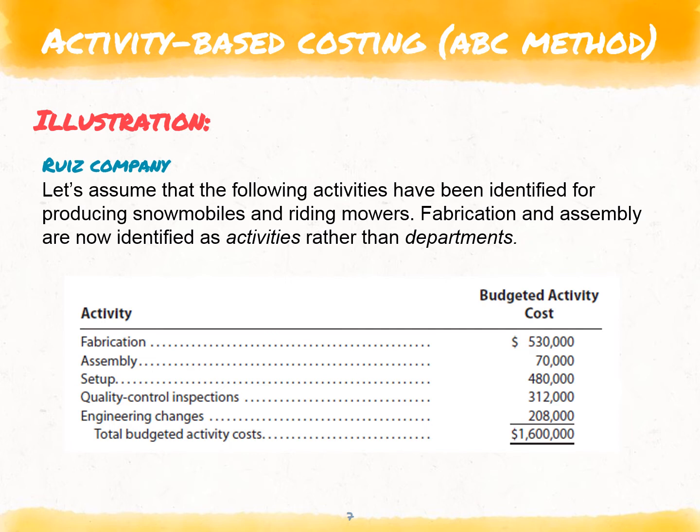Fabrication and assembly are now identified as activities rather than departments. The budgeted cost for each activity is as follows. For fabrication, $530,000. For assembly, $70,000. Setup, $480,000. Quality control inspections, $312,000. Engineering changes, $208,000, for a total of $1.6 million.